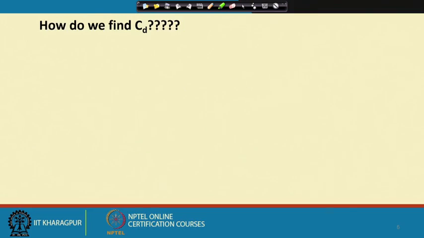So, the challenge lies here: what would be the drag coefficient in that condition. How do we find C d, the drag coefficient? This is the biggest question in this field, and I will show you the difficulties in knowing the value of C d.